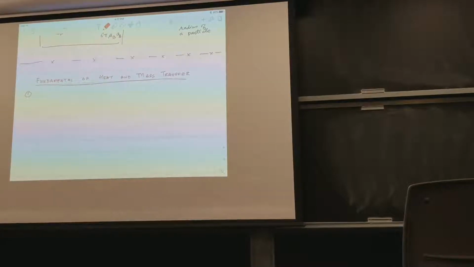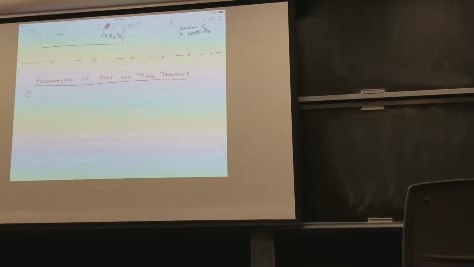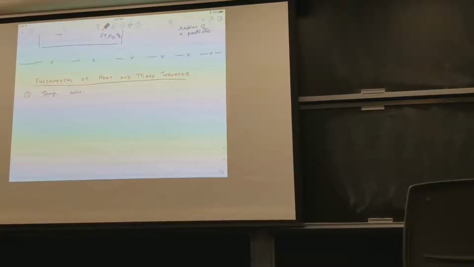So among different things you revisited on Friday was the definition of scalars and vectors. Temperature, concentration, charge, these are all quantities that require you to know the magnitude of it, right? So they are all scalars.